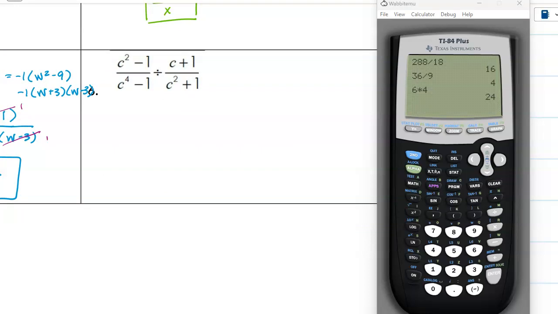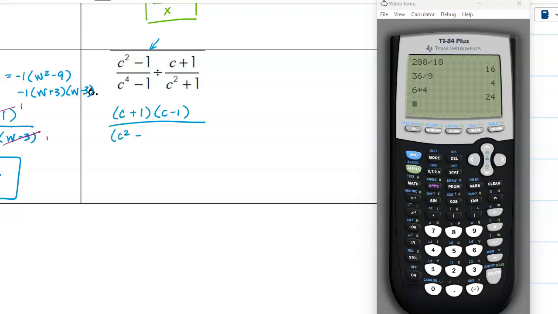We have a division, and all division is, is multiplying by the reciprocal. That's all that is. Okay, so it looks like I have a difference of squares here. C plus 1, C minus 1. That's also a difference of squares.